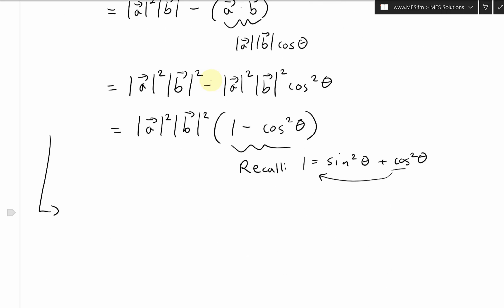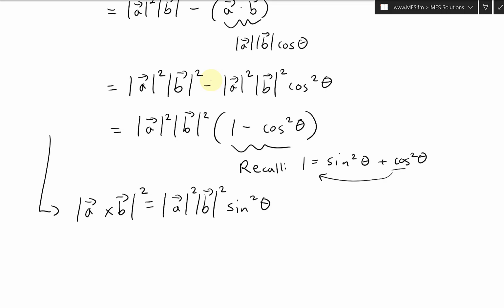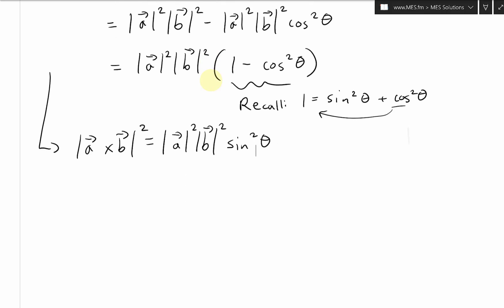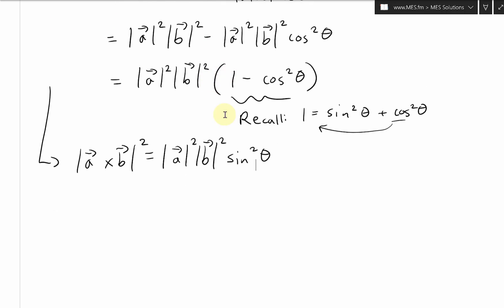So we'll have the length of a cross b squared equal to the length of a squared times the length of b squared times sine squared theta. And now we recall the sine function.